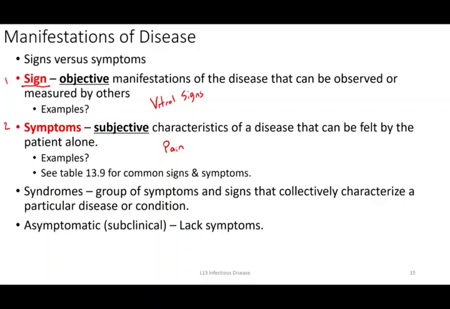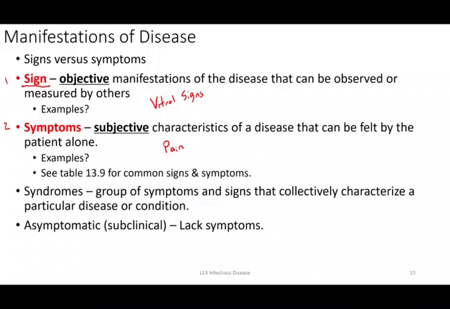And because people perceive pain in different ways, that's a very subjective sort of presentation of how that disease is manifesting itself. So signs and symptoms, both of them can be important in a diagnosis. I'm not saying one's more important, but we differentiate between them because they have different manifestations that we are interested in.